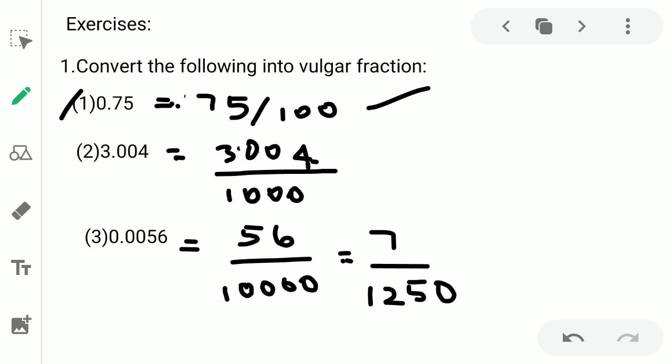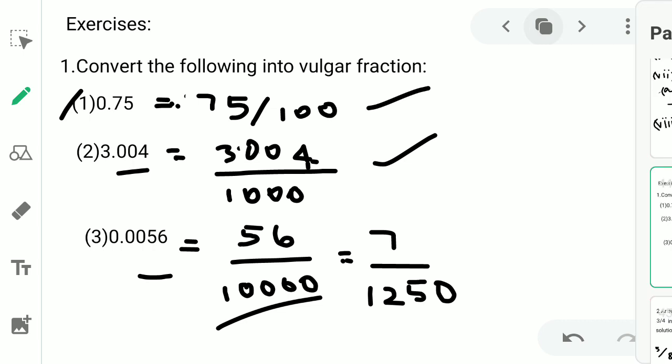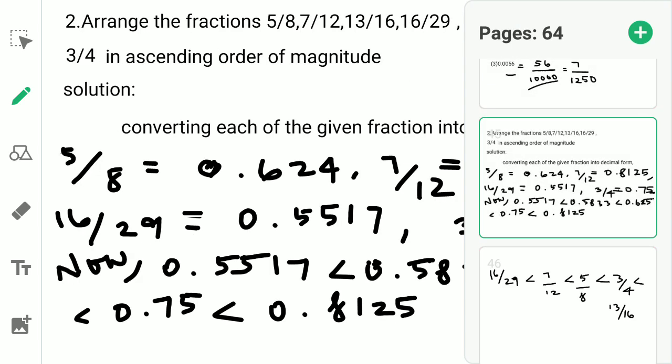Sometimes when they ask a lengthy question, these are so small, you can do it. And 3.004 equals 3004 divided by 1000, since after the decimal you have 3 digits. And 0.0056, after the decimal you have 4 digits. I am dividing by 10,000, you will get the answer as 7 by 1250.